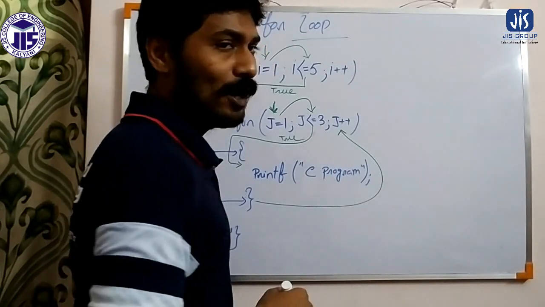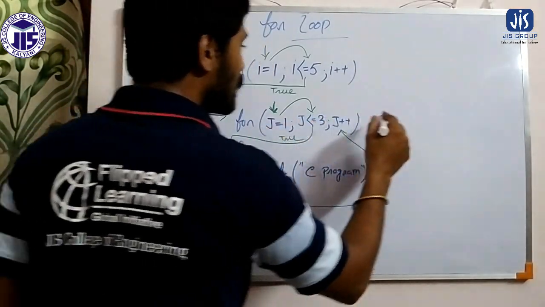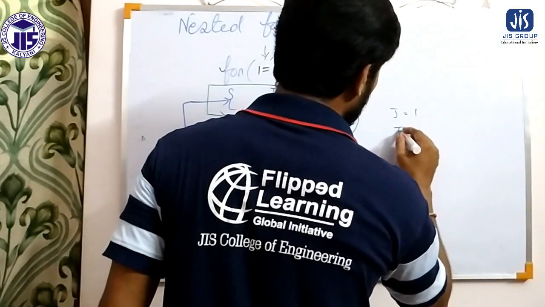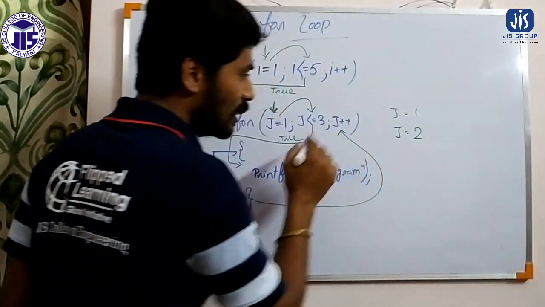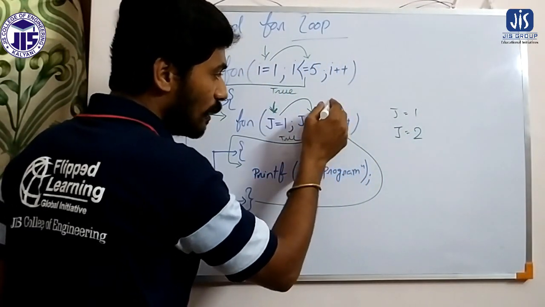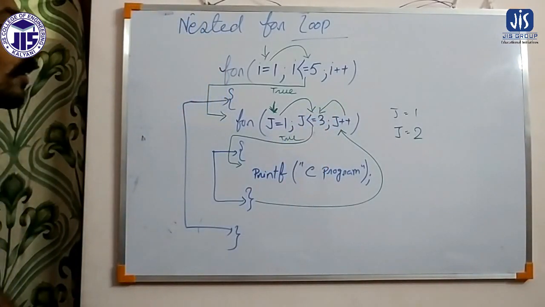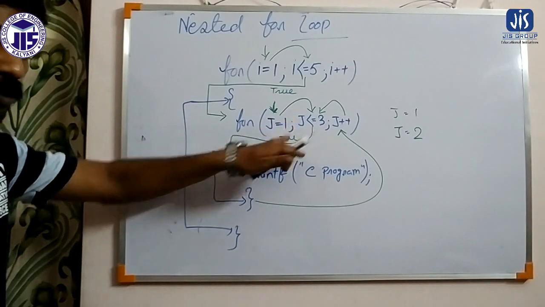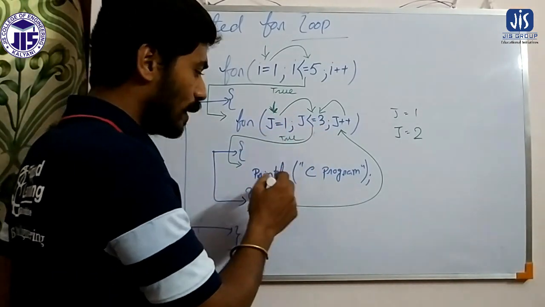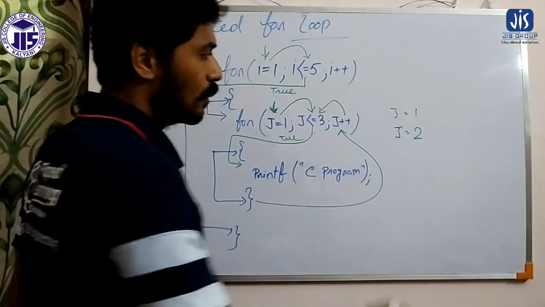So it will increase the value of j, which was previously 1. Now the value of j is 2 due to this increment operation, and from here it will come to the condition. So we are in the inner for loop. The condition is true, so again the C program will be printed.